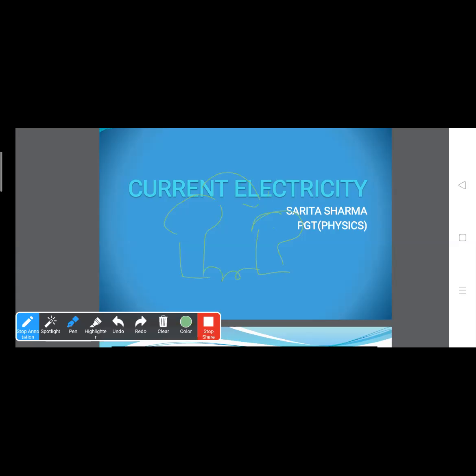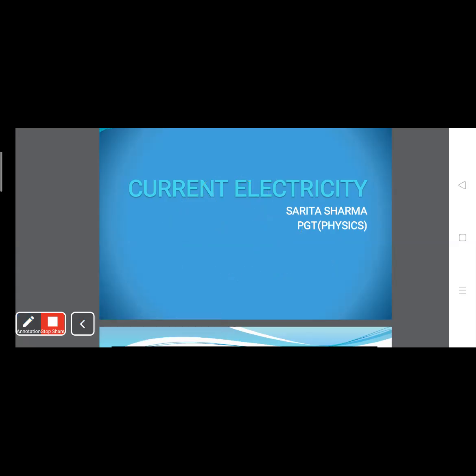So what is current electricity? It is the branch of physics in which we study charges in motion, whereas in electrostatics we studied charges at rest.